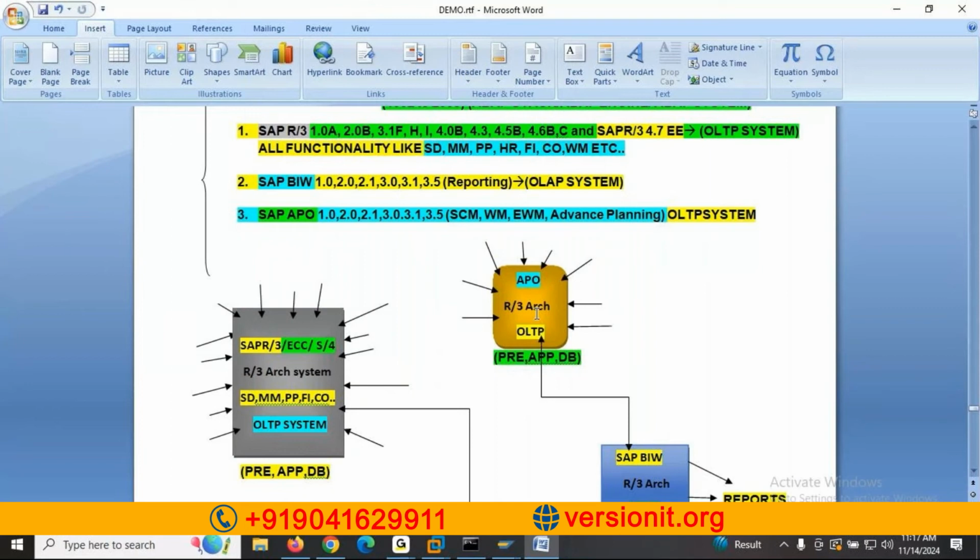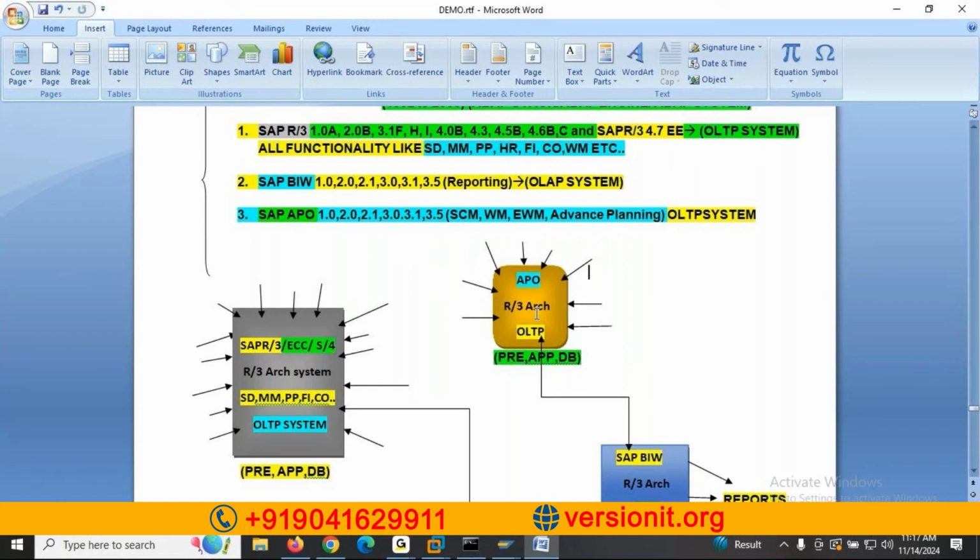Write down. APO system is also an OLTP system. What kind of system is this? APO system is also an OLTP system. What do you call OLTP as?